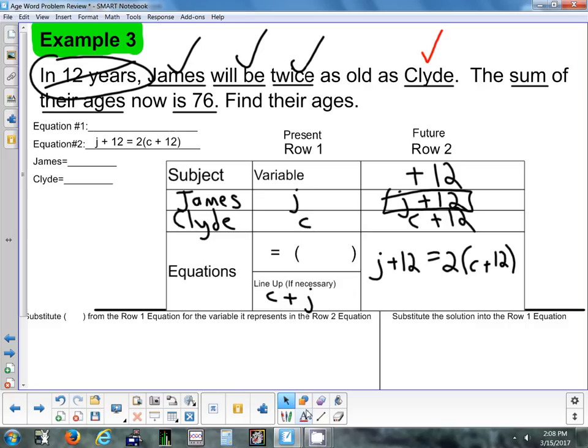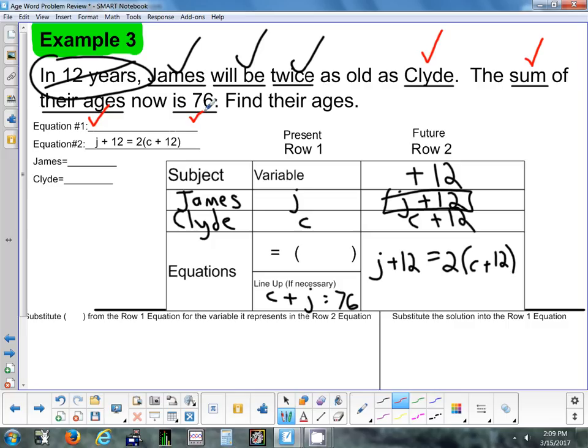Anything else I need to write there? So I did the sum of their ages. I got that represented, C plus J. Anything else I need to write? Yeah, is 76. C plus J is 76.